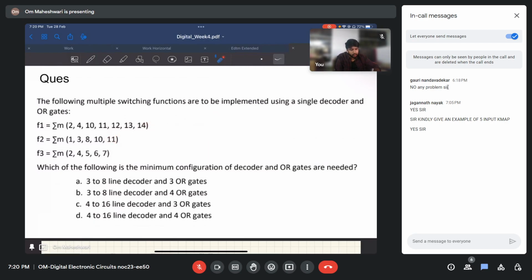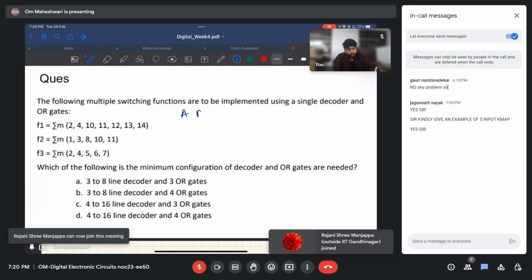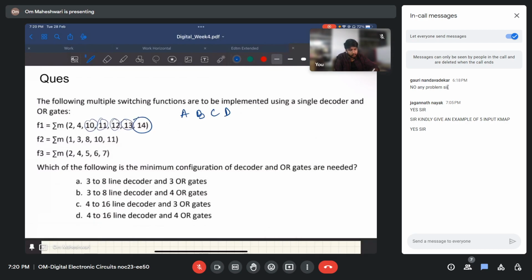That is mod 16, right? So when we have A, B, C, and D, four variables, then only we can get these numbers 10, 11, 12, 13. 10 is 1, 0, 1, 0, 11 is 1, 0, 1, 1, 12 is 1, 1, 0, 0, and 13 is 1, 1, 0, 1.